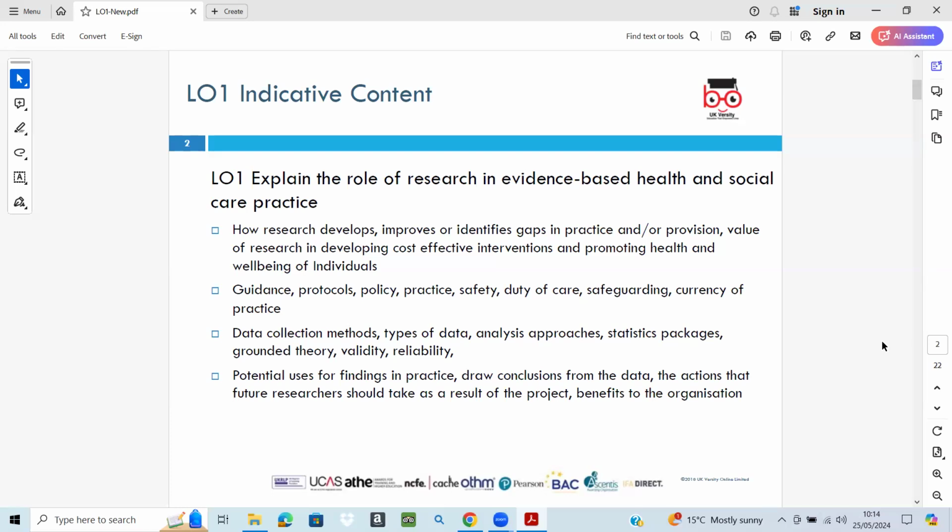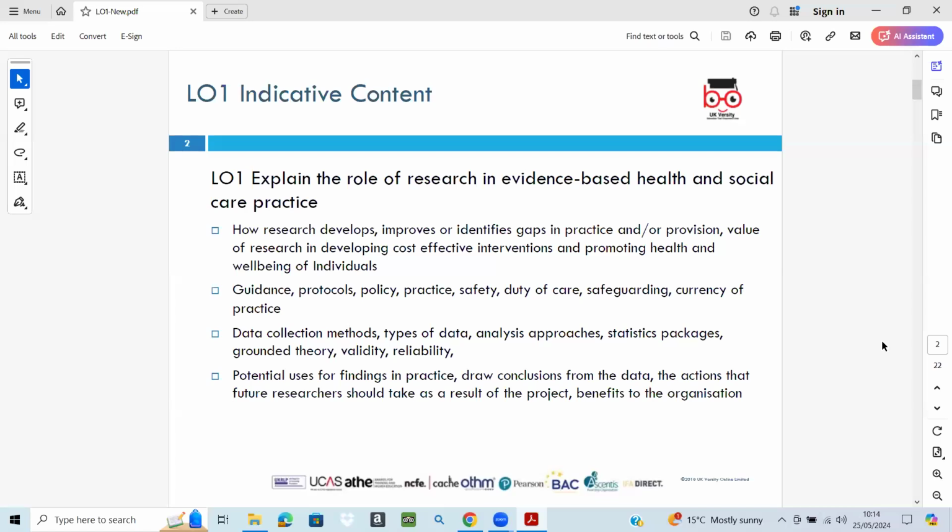So research always plays a critical role in developing new policies. How it is done is by investigating new treatments, therapies, or interventions. Example is discovering new drug treatments for conditions like Alzheimer's disease through clinical trials.